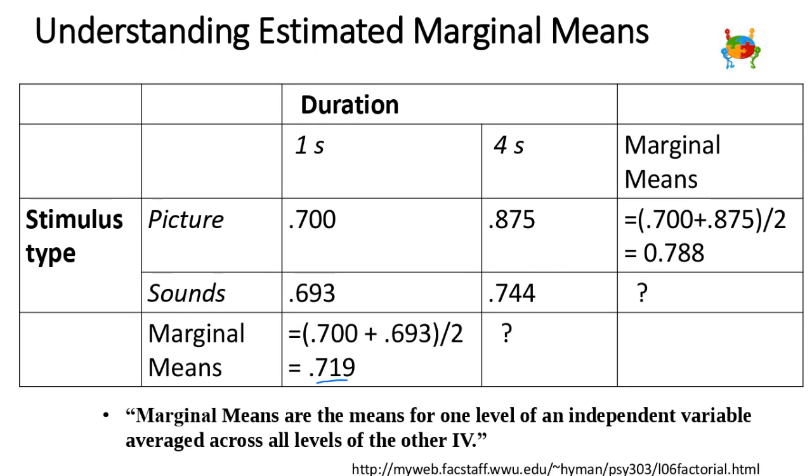And if you just care about the stimulus type, but you don't care about the duration, you just add 0.700 and 0.875 for the durations, and then you divide by 2, and you get 0.788. I'll let you do these two question marks on your own. But does that make sense to you?